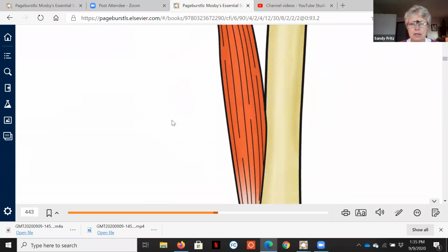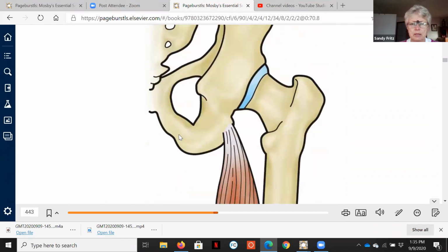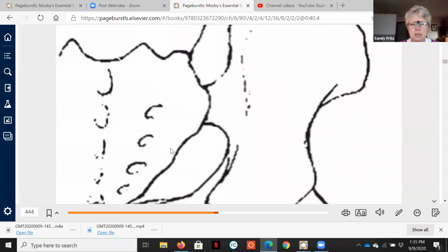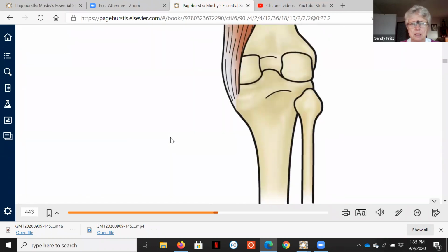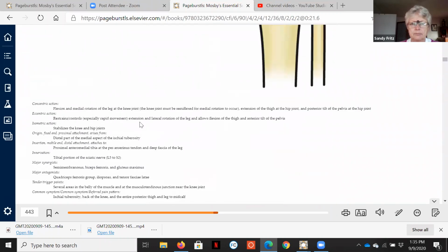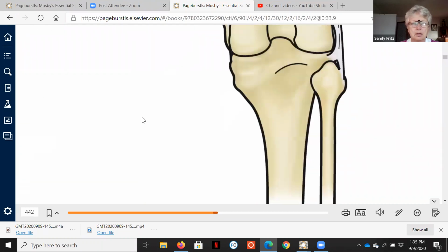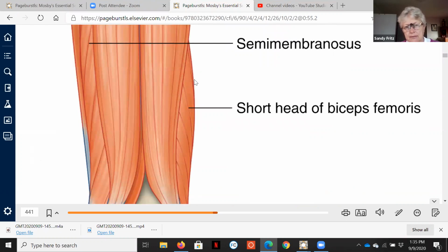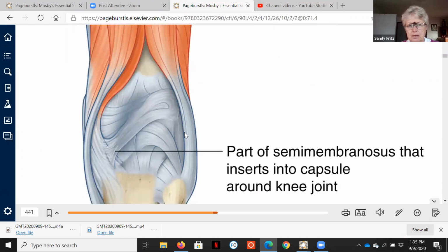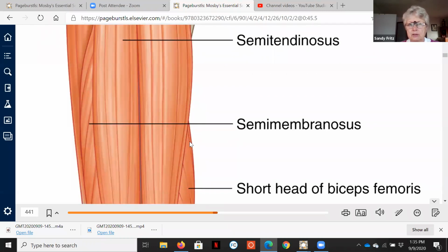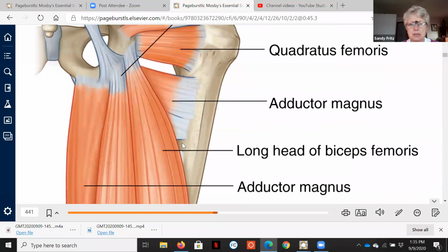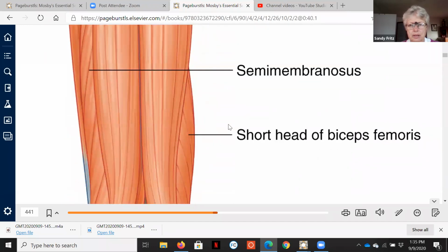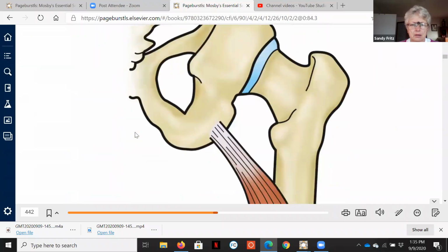But if we go down here and see the short head, where is that? We'll find it up here. Here it is. It's taking most of its attachment on the femur and then functioning at the knee. So long head, short head.